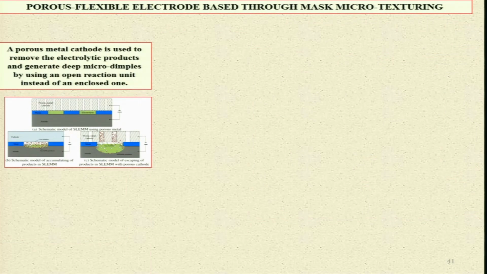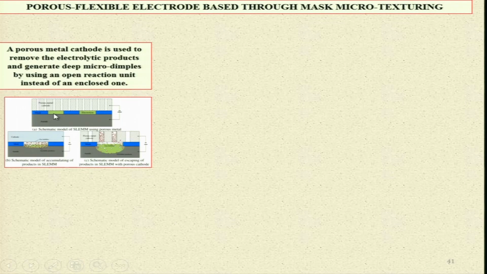Now let us see porous flexible electrode based through mask microtexturing. A porous metal cathode is used to remove the electrolyte products and generate deep micro dimples by using an open reaction unit instead of an enclosed one.